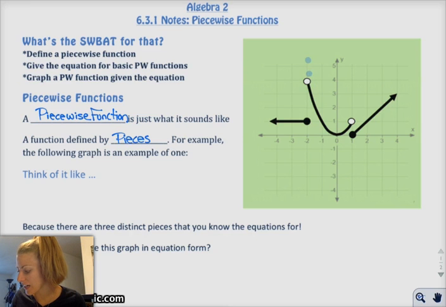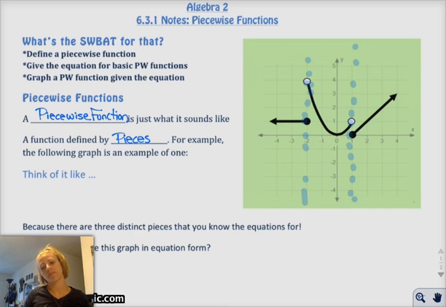There's a chunk on the left side of -2. There's a chunk of a graph in between -2 and 1 on the x-axis, and then there's a chunk after 1.